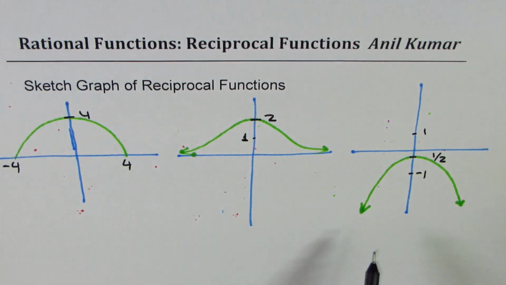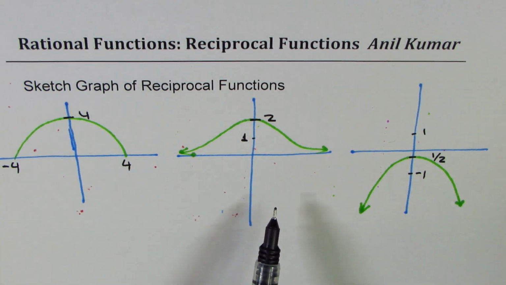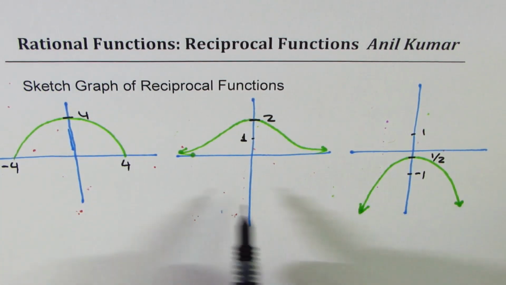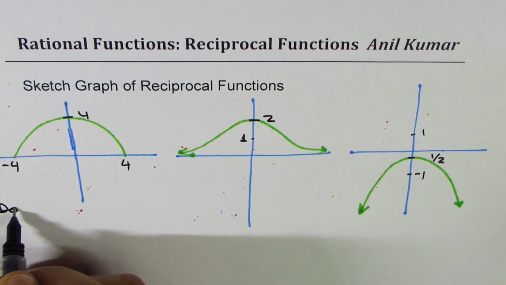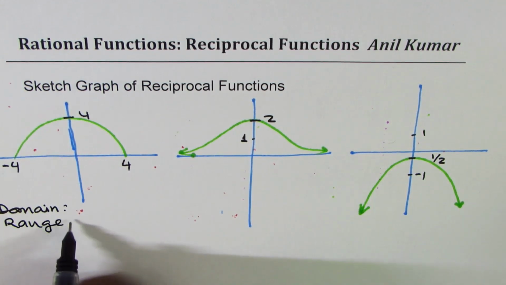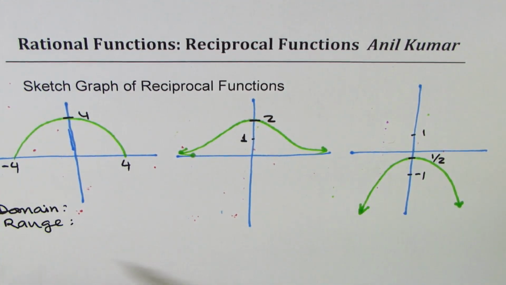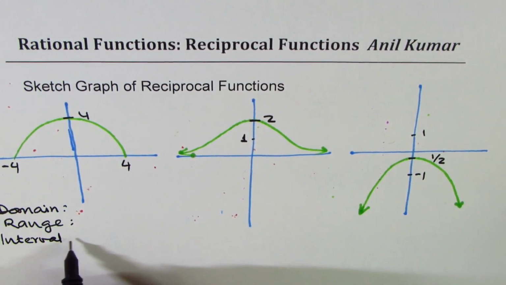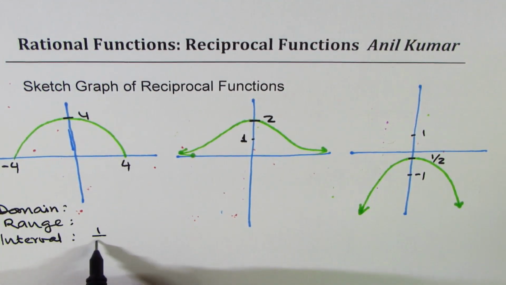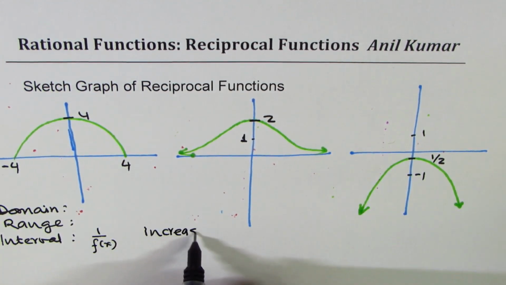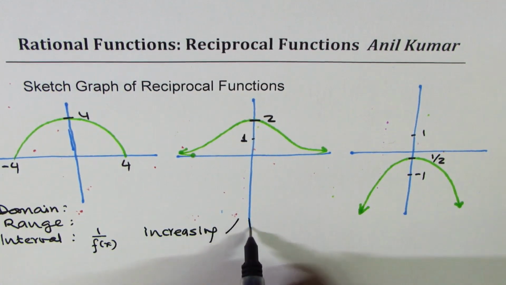I would like you to pause the video, sketch the graph of these functions, the graph of the reciprocal of these functions, and then write down the domain, range, and more than that, I would like you to write down the interval where 1 over f of x is increasing or decreasing.